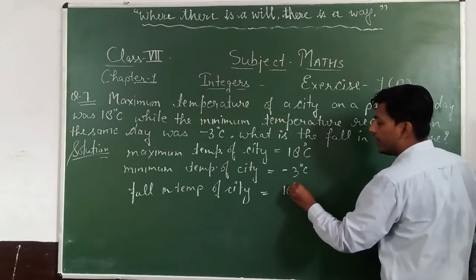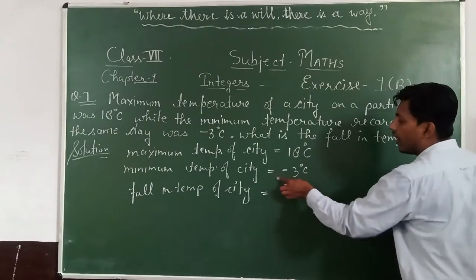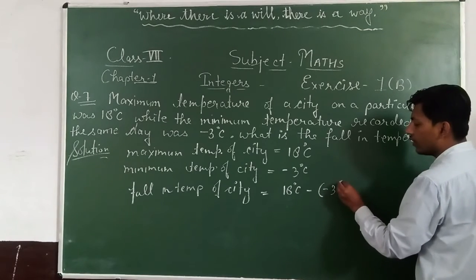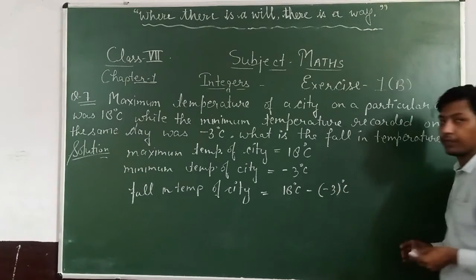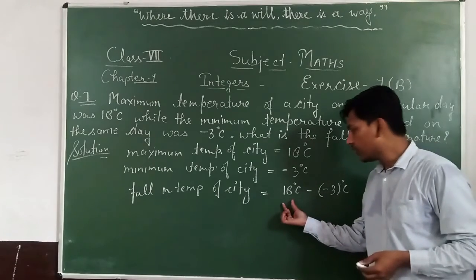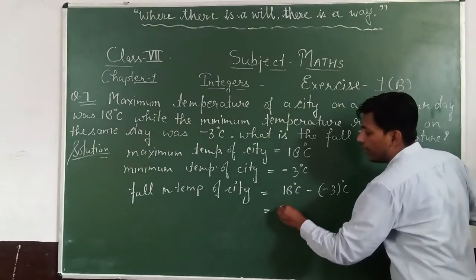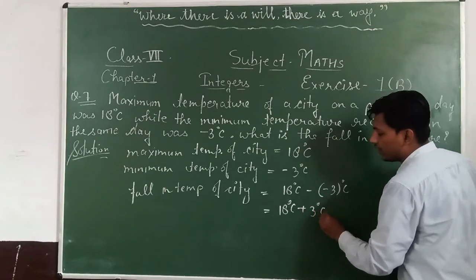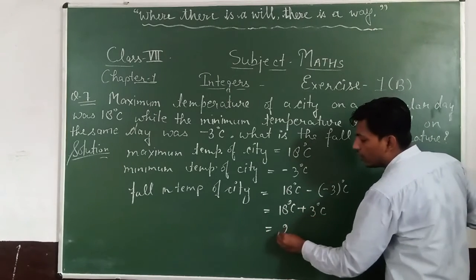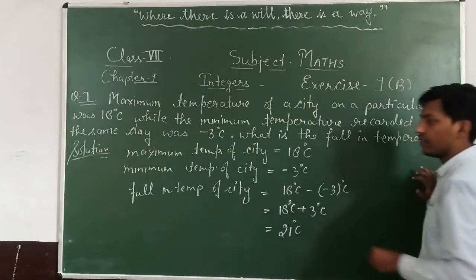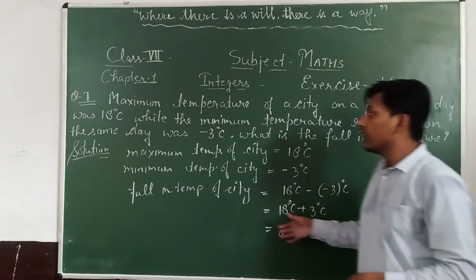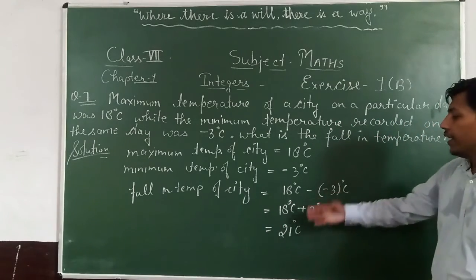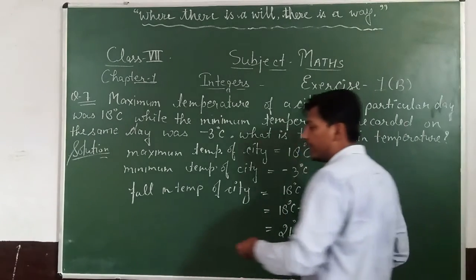So 18 degrees Celsius minus, and 3 is already in minus, so minus -3 degrees Celsius. So this is 18 degrees Celsius minus minus 3 degrees Celsius, which is 18 plus 3, 21 degrees Celsius. So we can say that the total temperature fall on that day is 21 degrees Celsius.